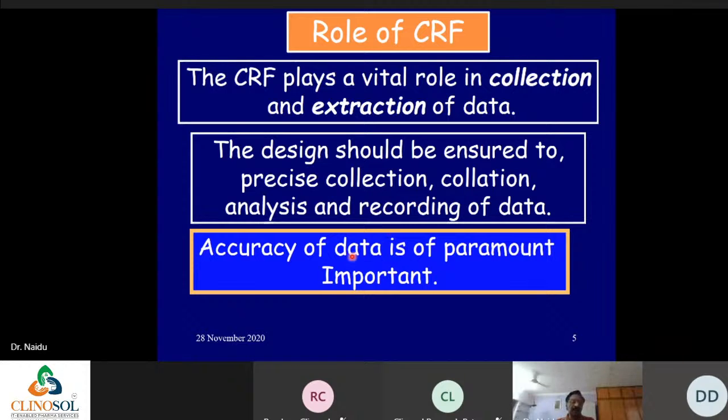So accuracy of the data is of paramount importance. These are the three very important things one has to understand about why the case record form is required and its role.